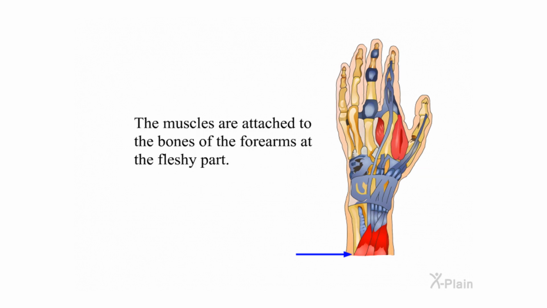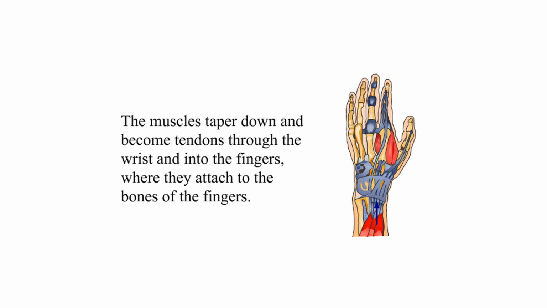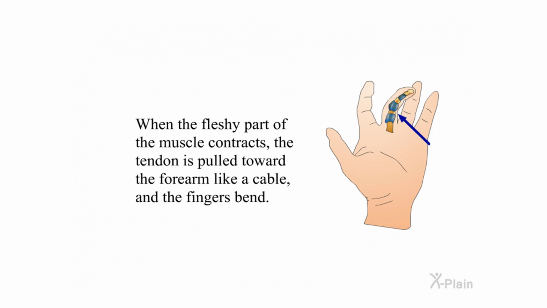The muscles are attached to the bones of the forearms at the fleshy part. The muscles taper down and become tendons through the wrist and into the fingers where they attach to the bones of the fingers. When the fleshy part of the muscle contracts, the tendon is pulled toward the forearm like a cable and the fingers bend.